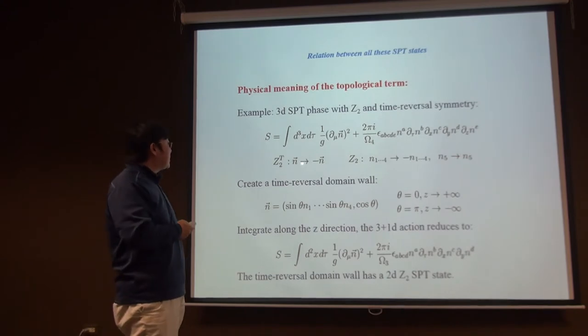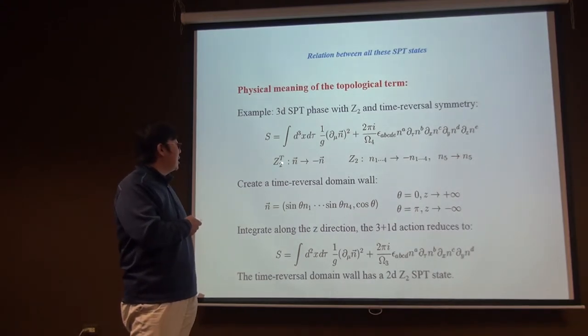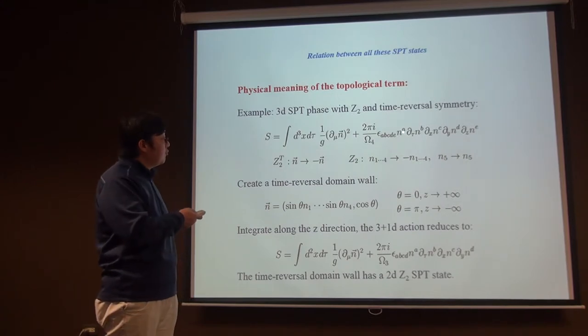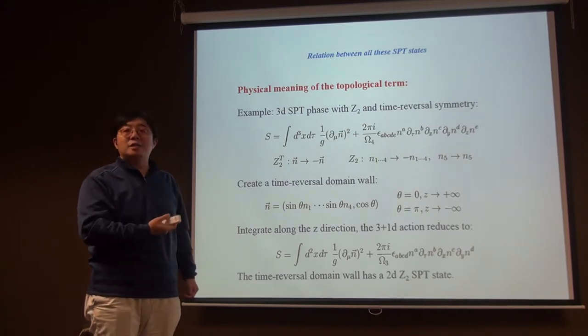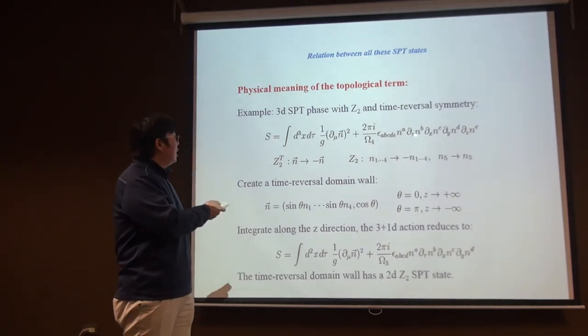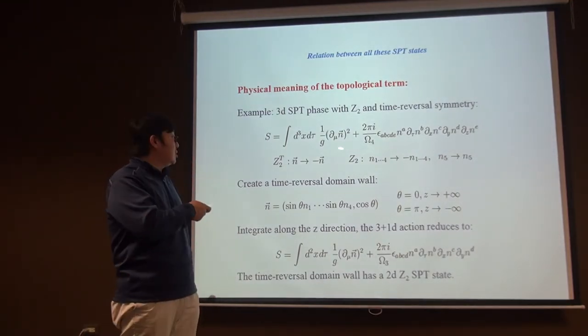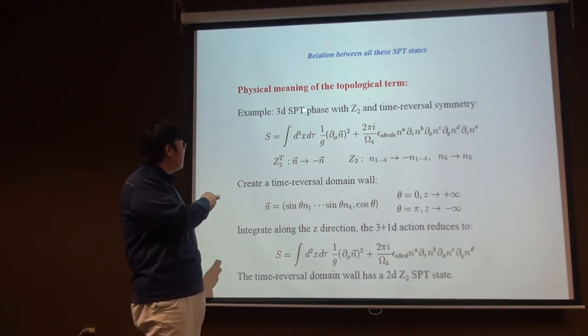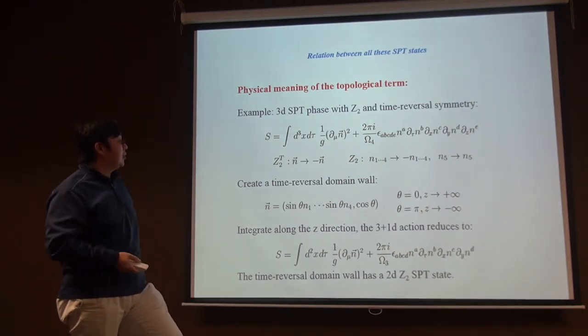Time reversal will change the sign of all the n vector components, but Z2 will change the sign of the first four components, but not the last one. The reason I choose this way is because I want to guarantee the action is invariant under these transformations. You can see that this Lagrangian is invariant under these actions.